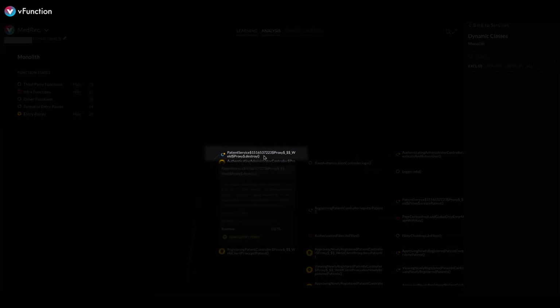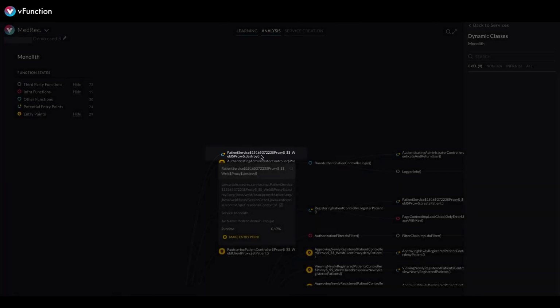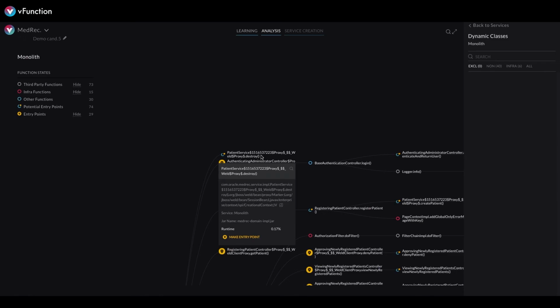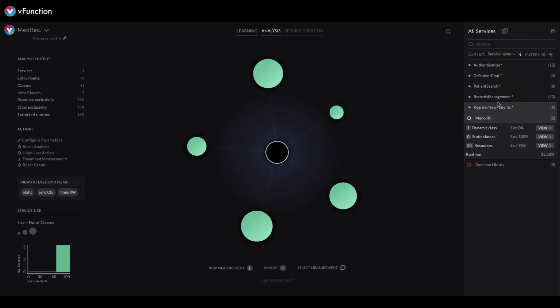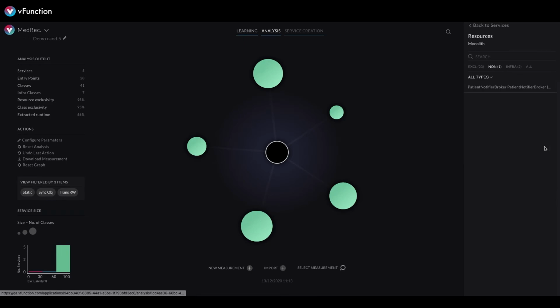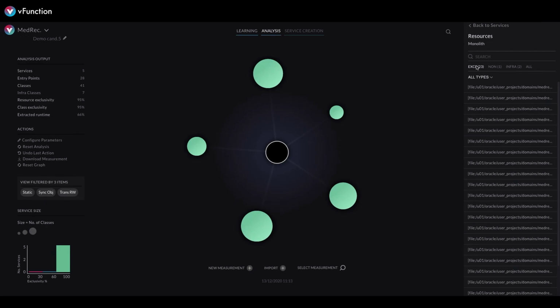We see the monolith destroys the bean class implementing the interface. This seems quite reasonable for an interface used non-exclusively across most services. The resources listed in the monolith are .xhtml user interface files.